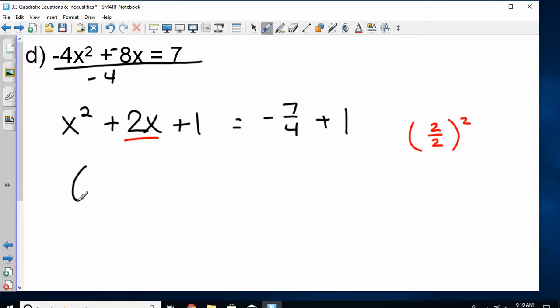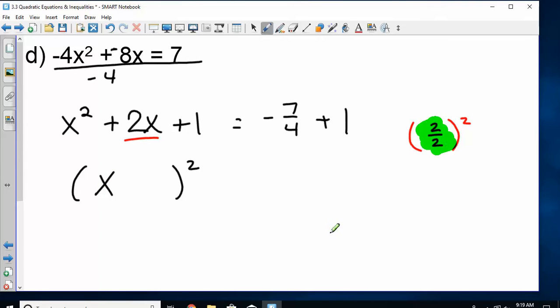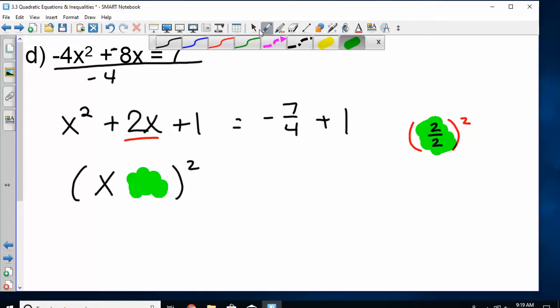So this will factor into something squared. Easiest way, we know it'll be an x. To get that number, look right here. 2 divided by 2 is positive 1. So this should be an x plus 1. Negative 7 fourths plus 1.